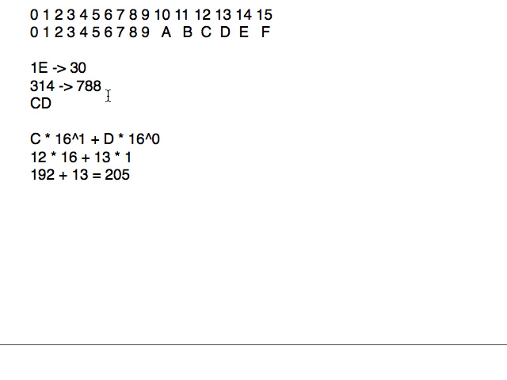Yes. So CD in hex translates to 205 in decimal. Okay, excellent.